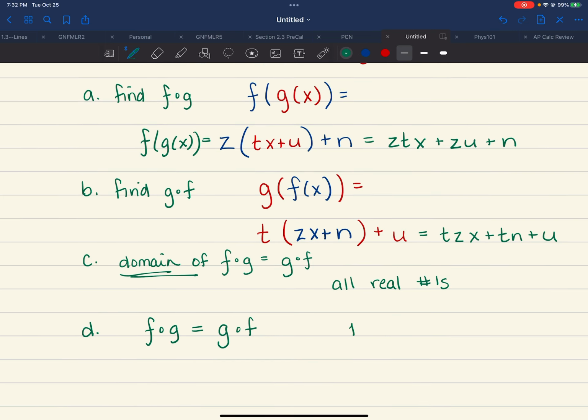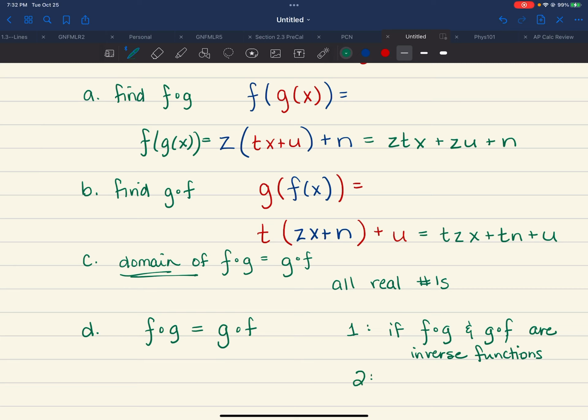The first way is if f of g and g of f are inverse functions, right? But unfortunately, we have not covered that until 5.2. Now in class, we've already covered it, but that wouldn't really be my first thing.